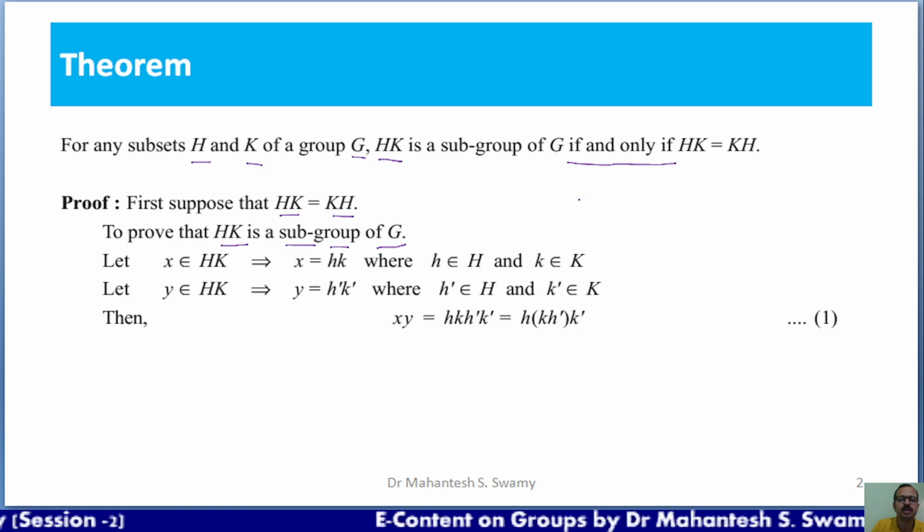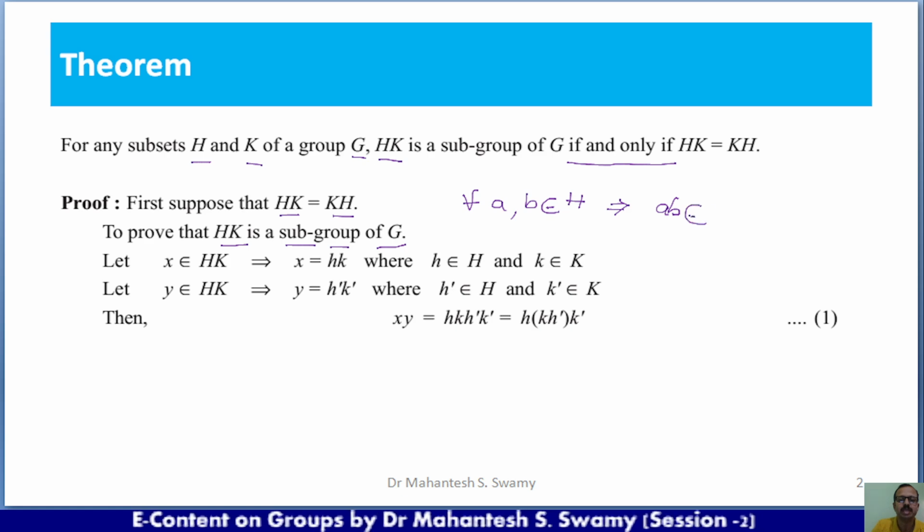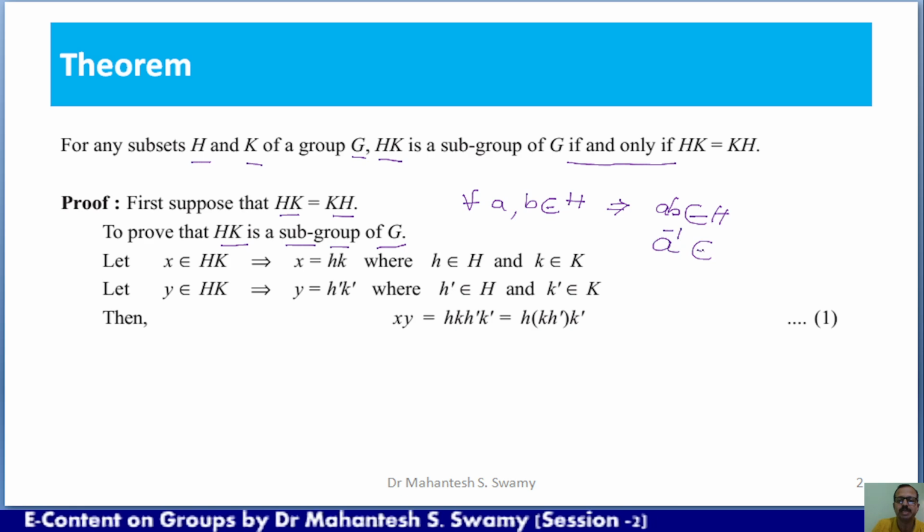So the condition for any subset H to be a subgroup of the group G is that for any two elements of that set, the binary composition AB should be in H, and the inverse of one of those elements, that is A inverse or B inverse, should be present in H. So this was the statement of the second theorem.